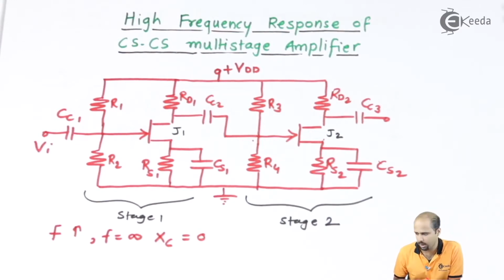Are there any other capacitances in my circuitry? With the naked eye, I will not see any capacitances except CC1, CC2, CS1, CS2 and CC3. Only 5 capacitances are there in front of my screen, so I can say that all the capacitances are short circuited.